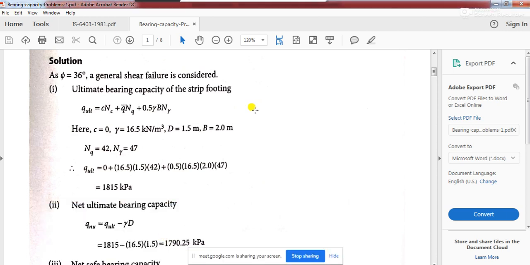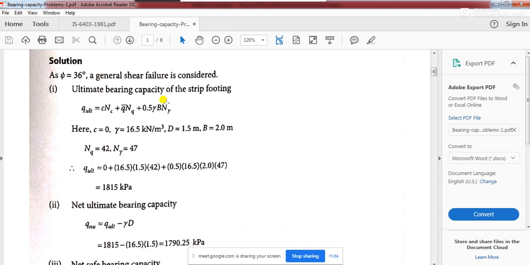Have you tried solving the problem I gave yesterday? I think I gave you the angle of internal friction as 42 degrees, and it is a circular footing, correct?